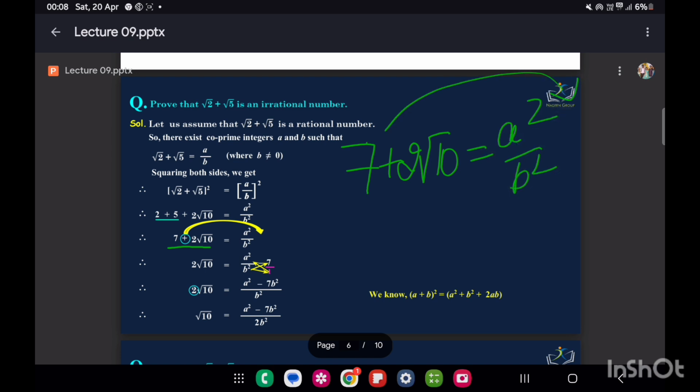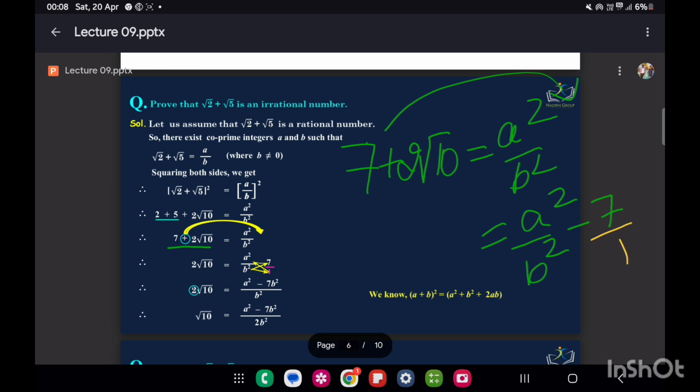Shift this 7 to this side. You will get a square by b square. Here it is 7, it will become minus 7 here. Nothing is there, so we can consider it as 1.